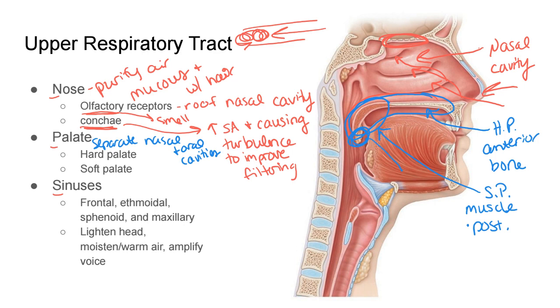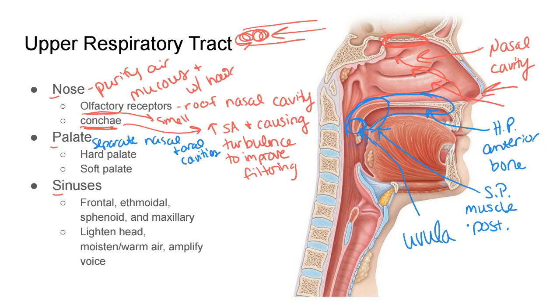Let me clear this up. There we go. So the uvula is the thing that hangs down in the back of your throat. So here's the uvula here. That's what the doctor's looking at when they tell you to open your mouth and say, "Ah," they're looking to see how that moves.